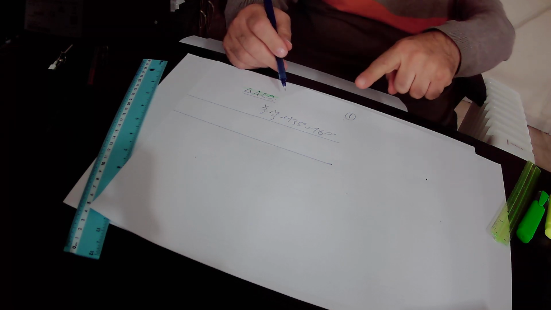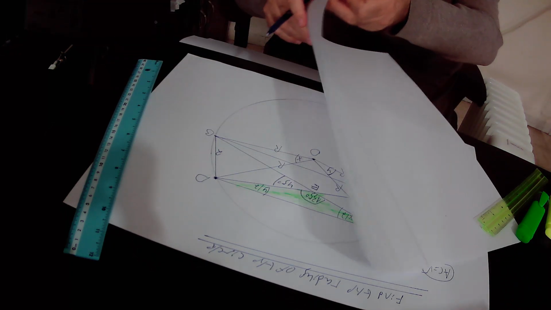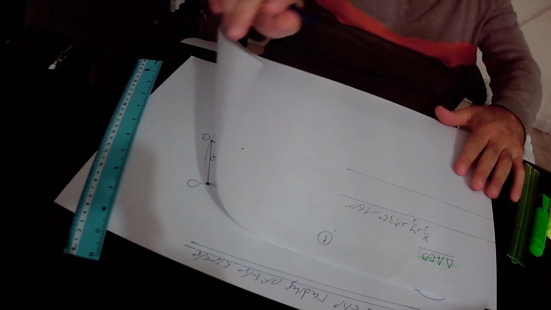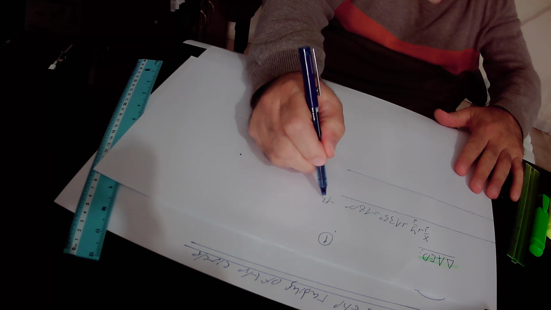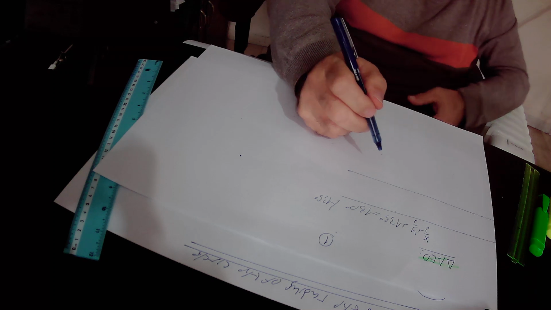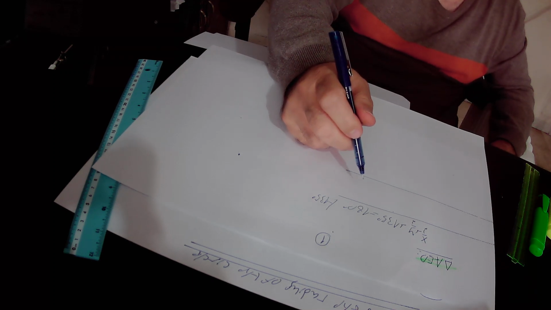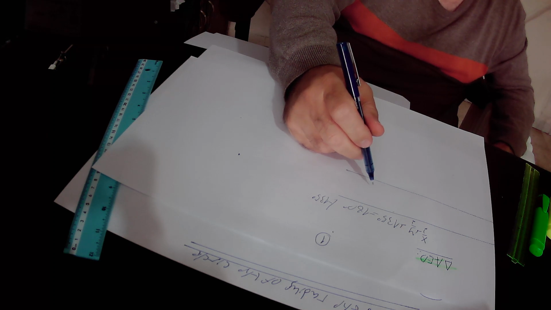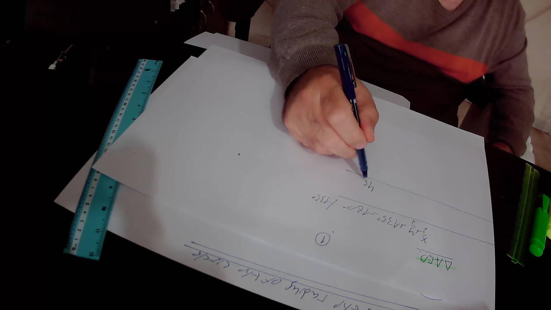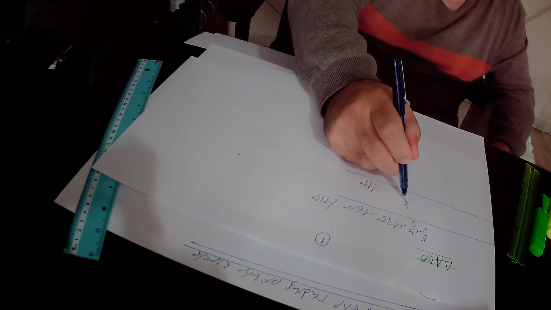We subtract 135 degrees from this equation, and we get that 180 minus 135 degrees is 45 degrees, and it is equal to x over 2 plus y over 2.